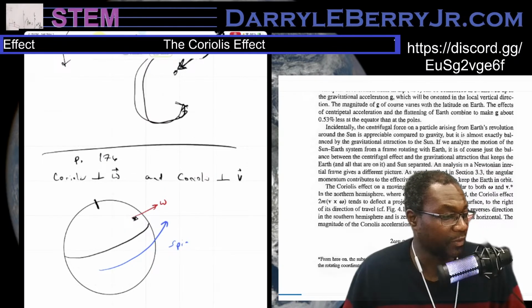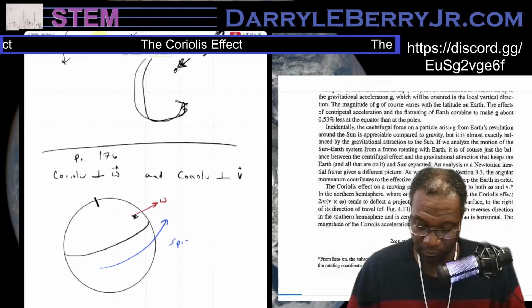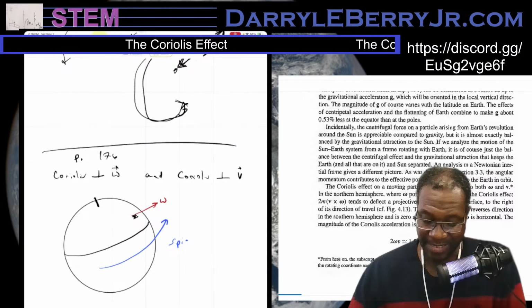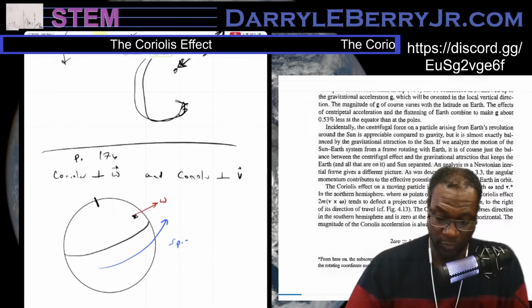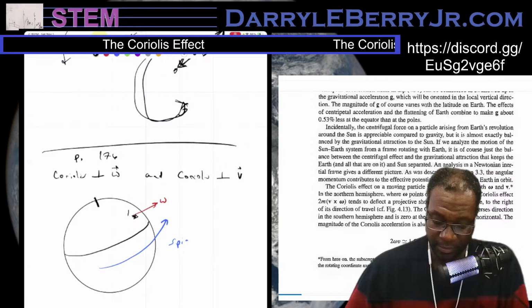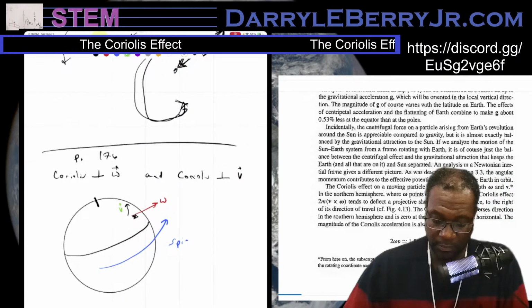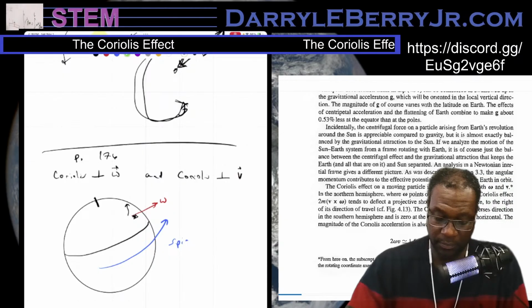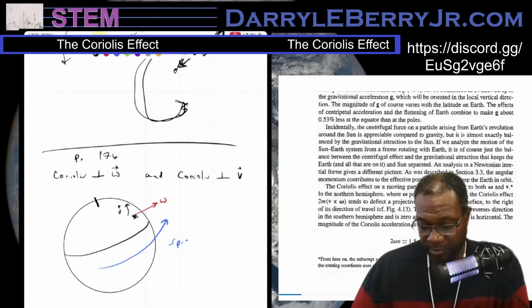This image for omega points out of the ground. The Coriolis effect tends to deflect a projectile along the Earth's surface. So velocity is here. We know that the Coriolis is going to be perpendicular to both.